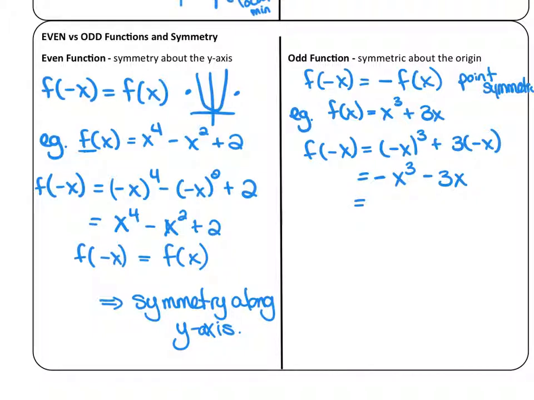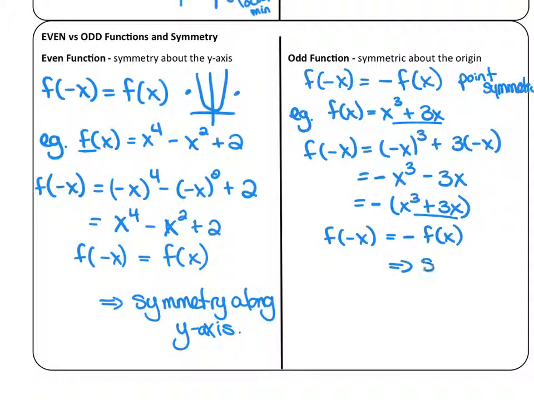Now, if I were to factor that negative out, I would have x cubed plus 3x. So you can see this was the same as that, but now we have a negative sign in front of it. So f of negative x equals negative f of x. So in this case, it is an odd function, and we have that symmetry about the origin.